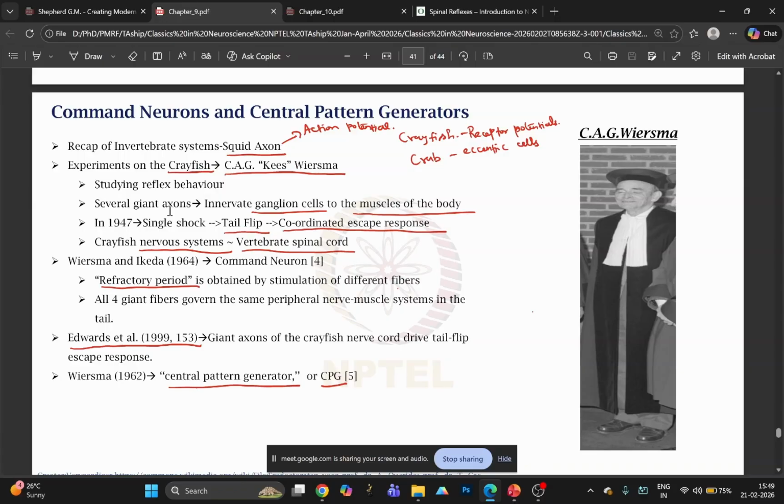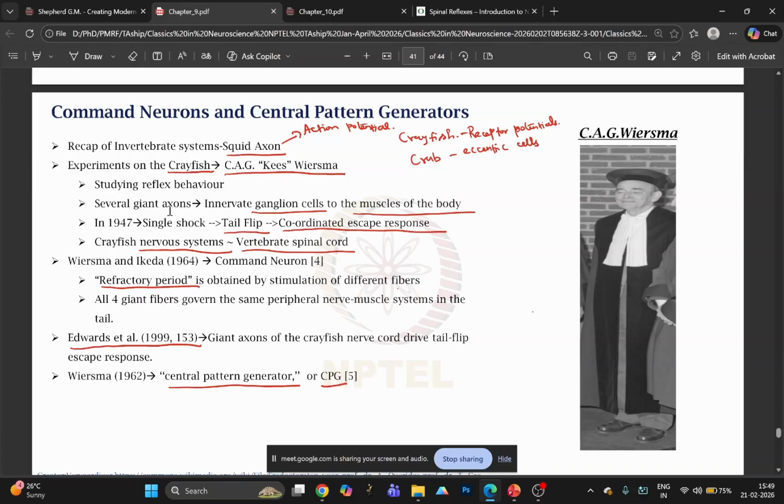Because of their relative simplicity, the ease of manipulating them, and the ease of carrying out genetic manipulations, even at the single cell level, and the identification of different types of cells or components, it makes it much easier for us to understand what is happening.